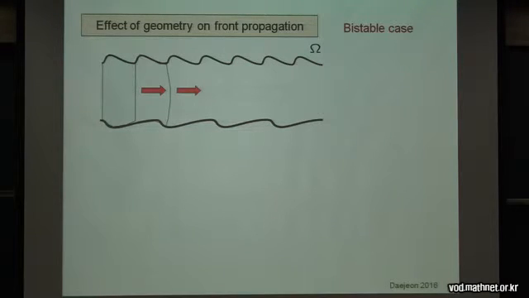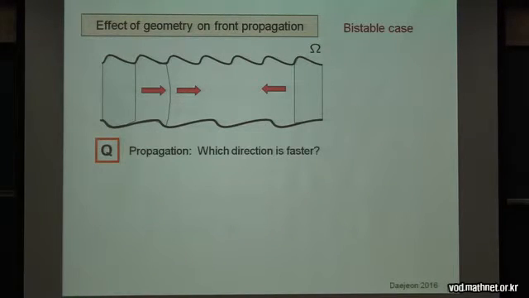And suppose you have another initial data here, very large initial data, then the front starts to move to the left. And which direction is faster? Front propagation to the left or the front propagation to the right?